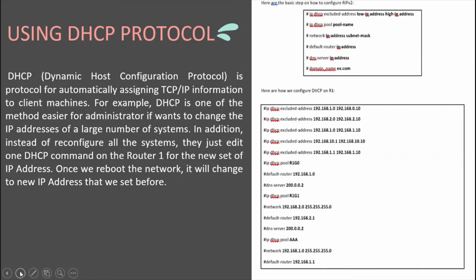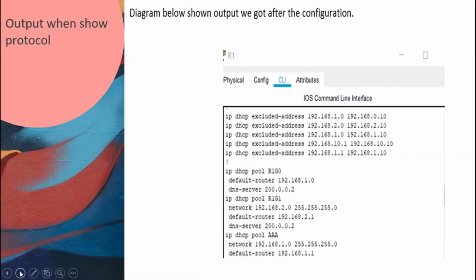Instead of reconfiguring all the systems, they just edit one DHCP command on router 1 for the new set of IP addresses. Once we reboot the network, it will change to the new IP addresses that we set before. Here is the output when we run show protocol.